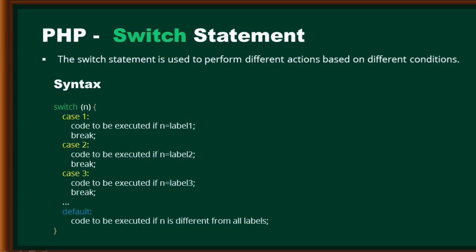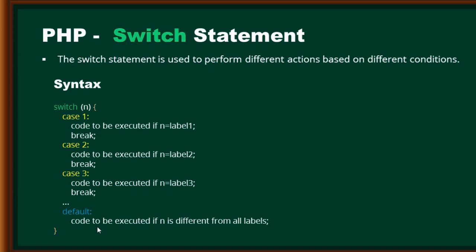This is the expression that's going to be evaluated, and it gets evaluated once. The value of the expression is then compared with the values for each case structure. So you've got case 1, case 2, case 3, and then you have the default. If there is a match, the block of code associated with that case is executed.